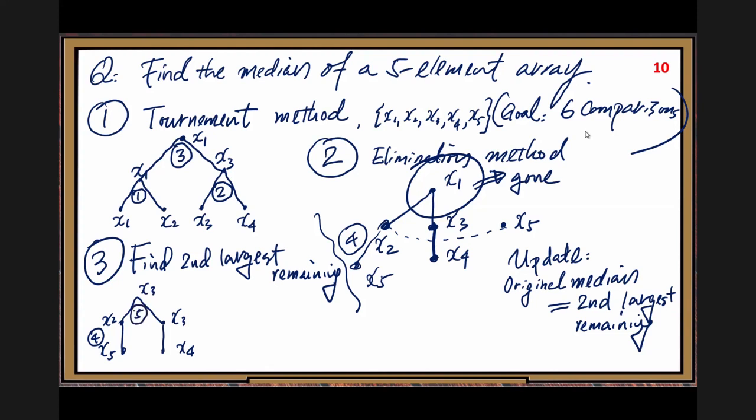x3 is greater. Then for the last comparison, which 2 elements do you want to compare to get the second largest? x3 is the largest, so compare x2 and x4.